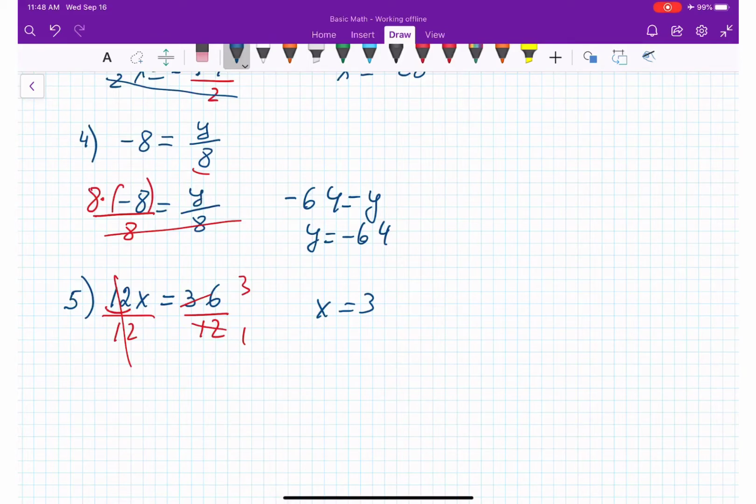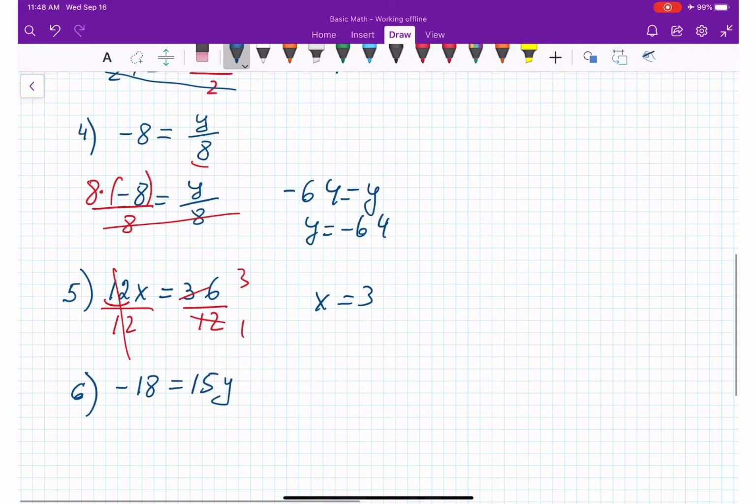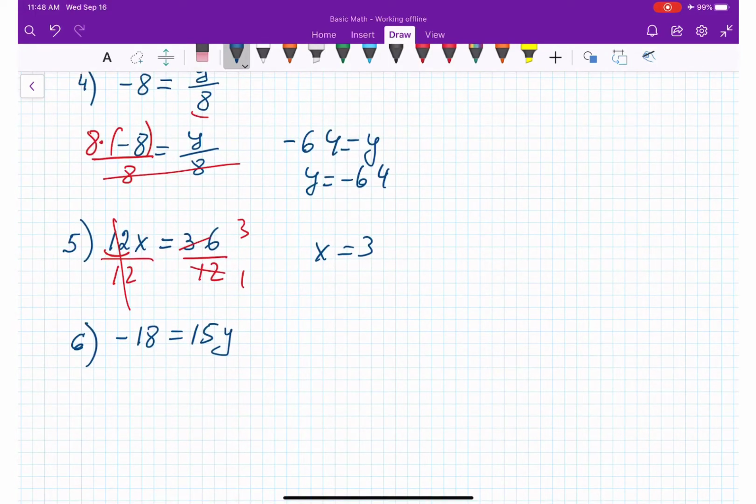Question number 6. Negative 18 is equal 15y. Okay, so this is the coefficient of the variable. My variable here is y instead of x, and the coefficient is 15.